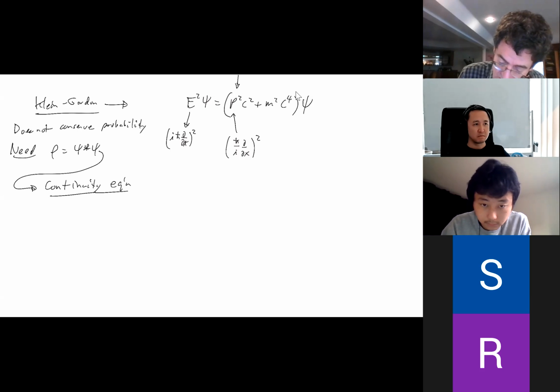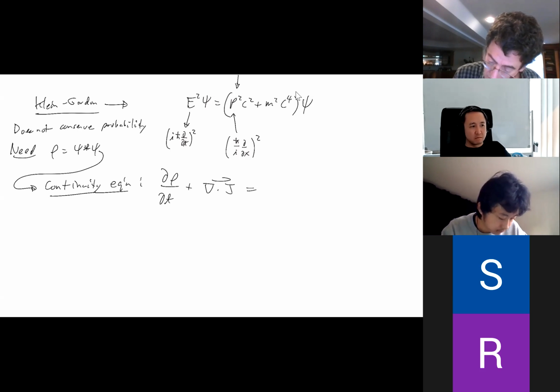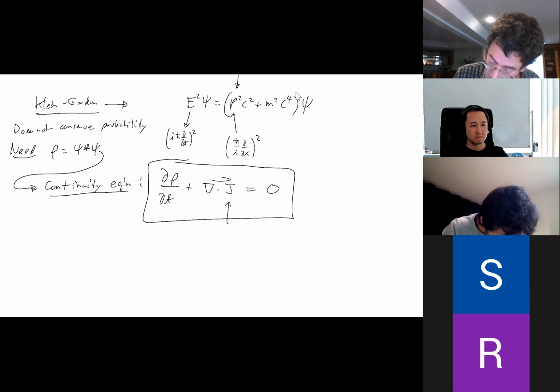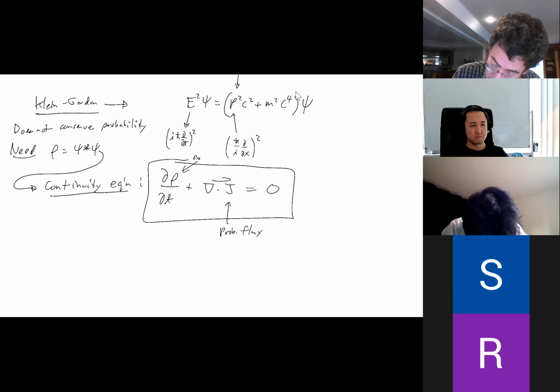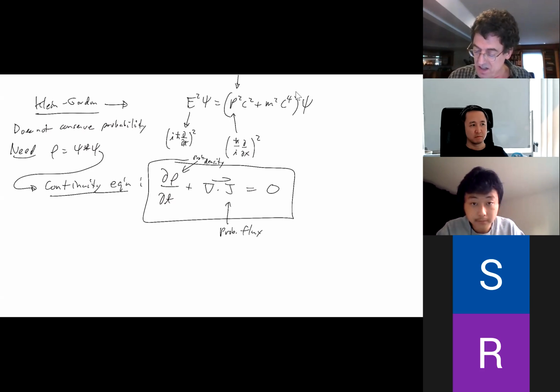The continuity equation is d rho dt plus del dot j equals 0. Here j is the probability flux, and rho is the probability density. This is getting a little into the details, but it's important, this is the reasoning.